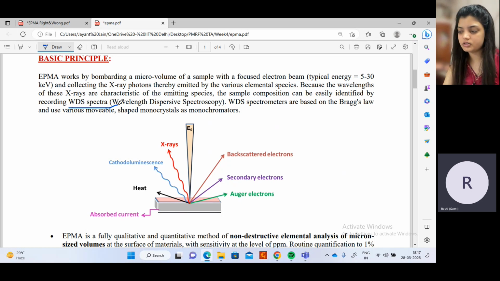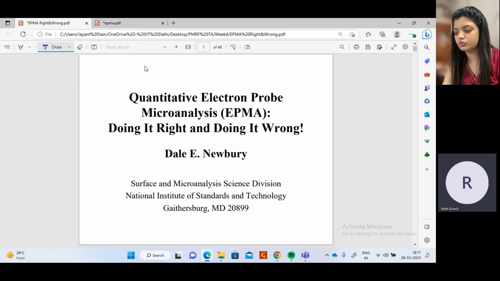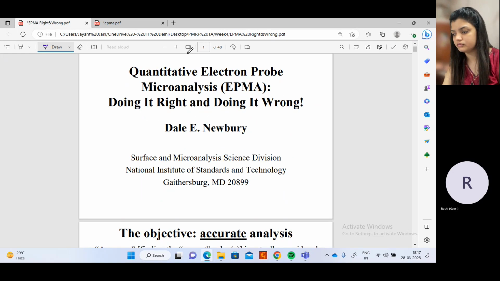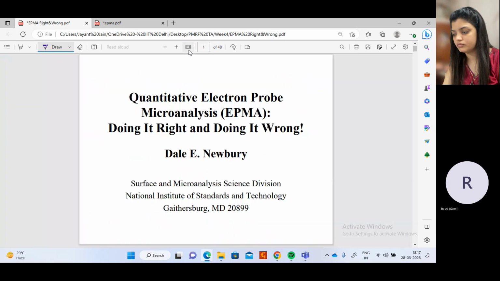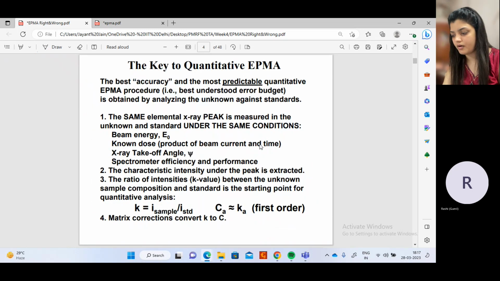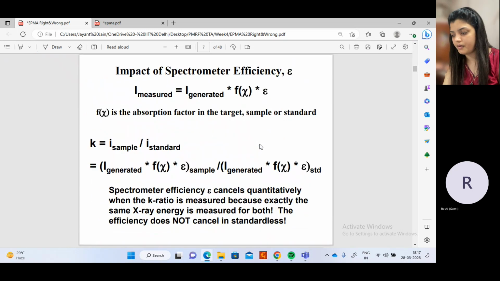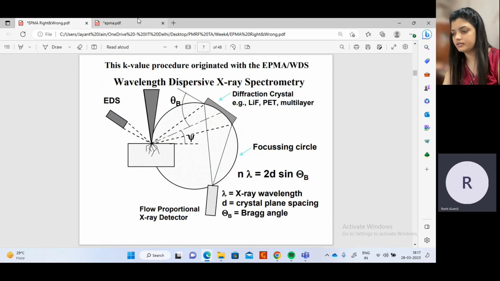The WDS spectrometers are based on Bragg's law: n lambda is equal to 2d sin theta.